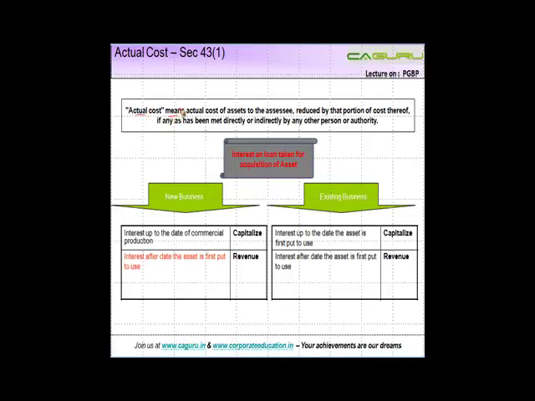Actual cost means actual cost of the asset to the assessee. So whatever the assessee has spent, whatever is the cost to the assessee. Now what you mean by cost is something which we will see as we move forward. I'll just explain it to you. Reduced by that portion of cost, if any, as has been met directly or indirectly by any other person or authority.